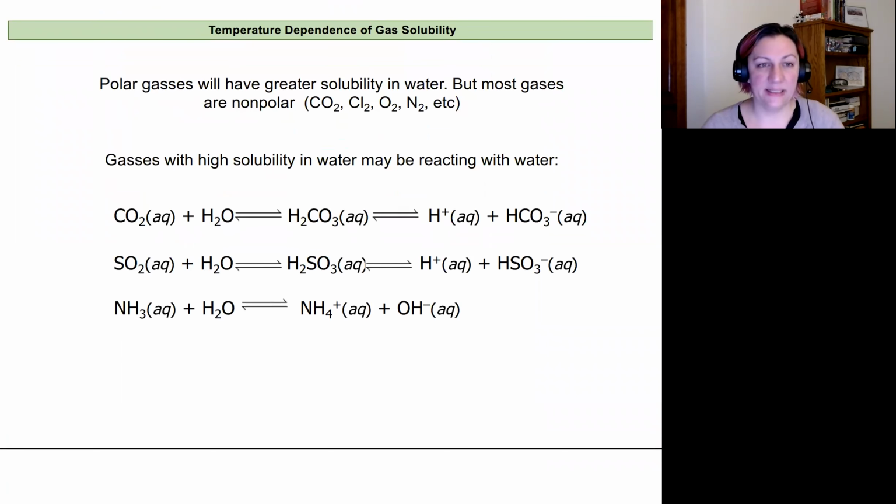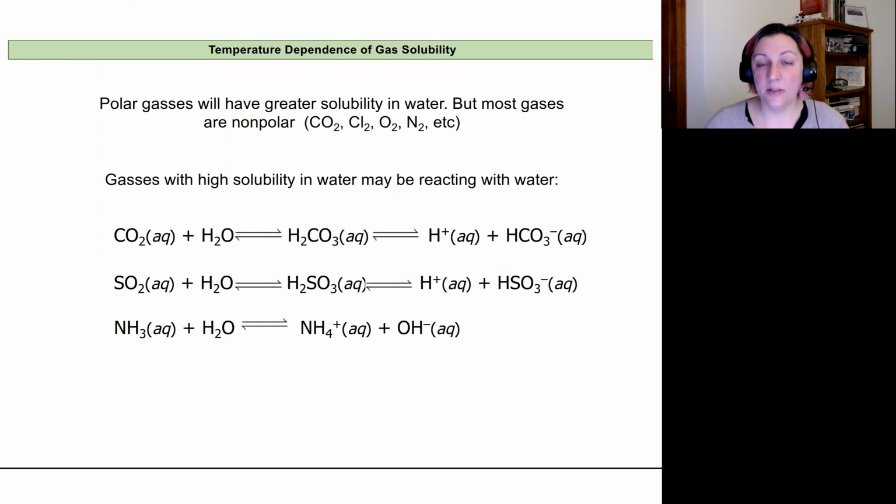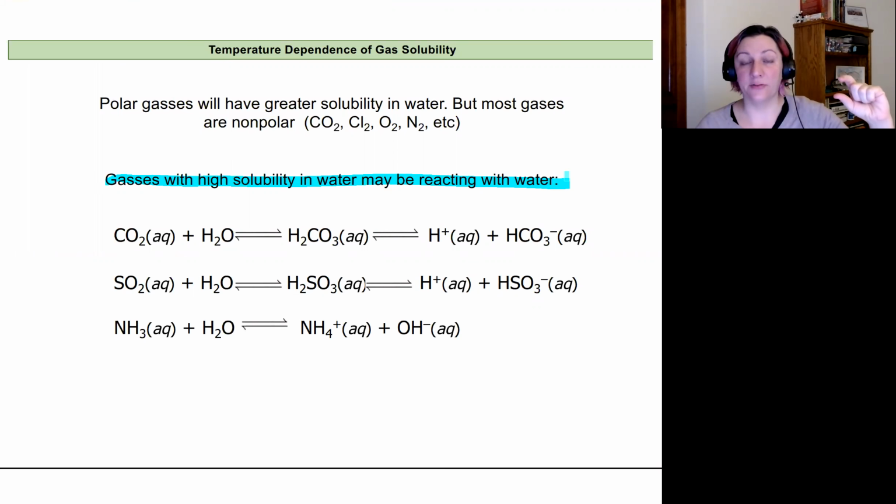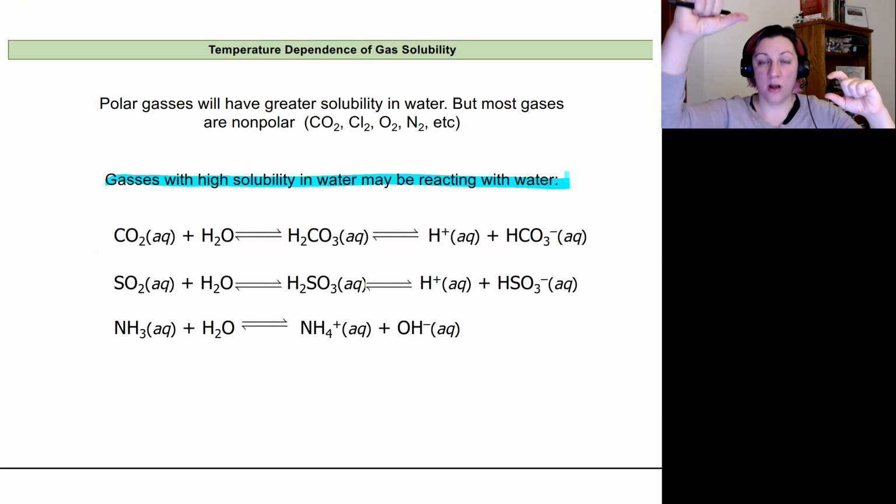What's happening is that the gas may be reacting with water. So when we see really high solubilities in water, typically it's because there's a chemical reaction taking place when the gas is surrounded by water molecules that then converts some of that molecule into something slightly different. And then that allows more of our gas to dissolve in our liquid.